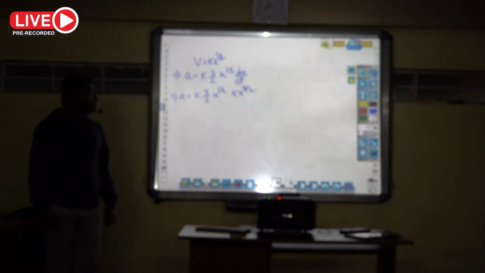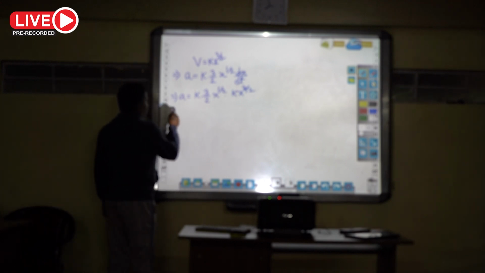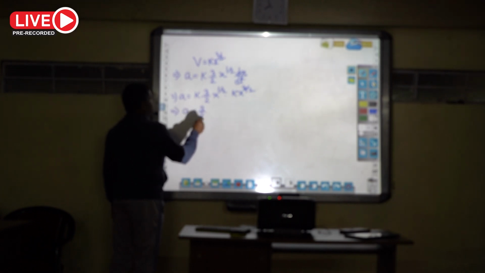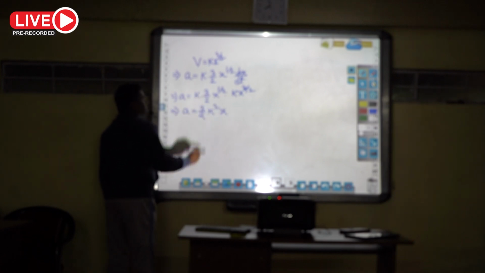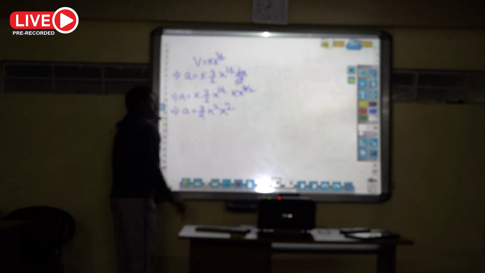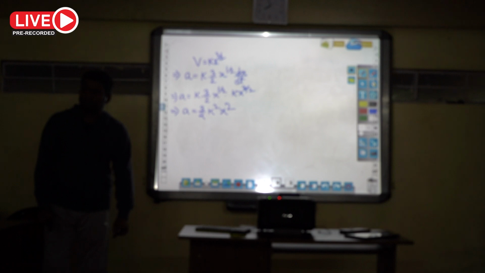Instead of dx/dt, I put v. Now a equals 3 by 2 k square x to the power 3 by 2 plus half, which is x square. So this is the acceleration.